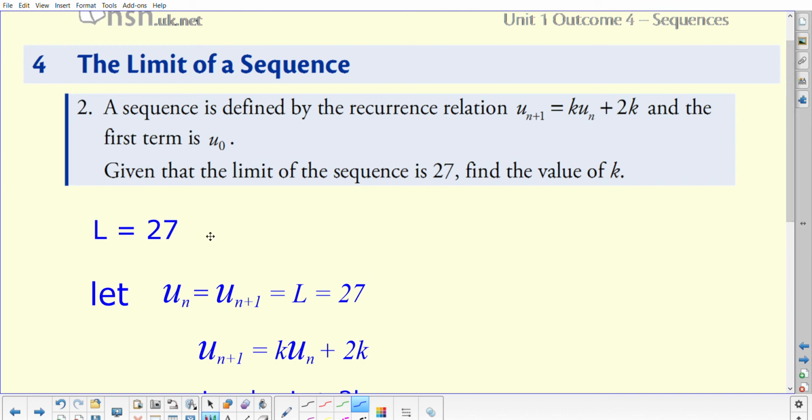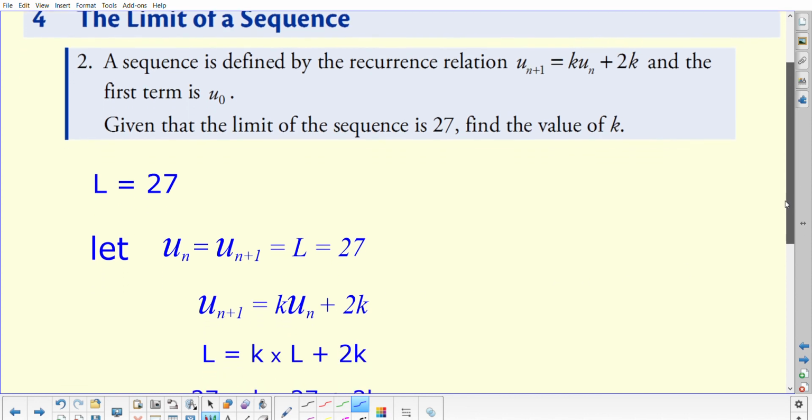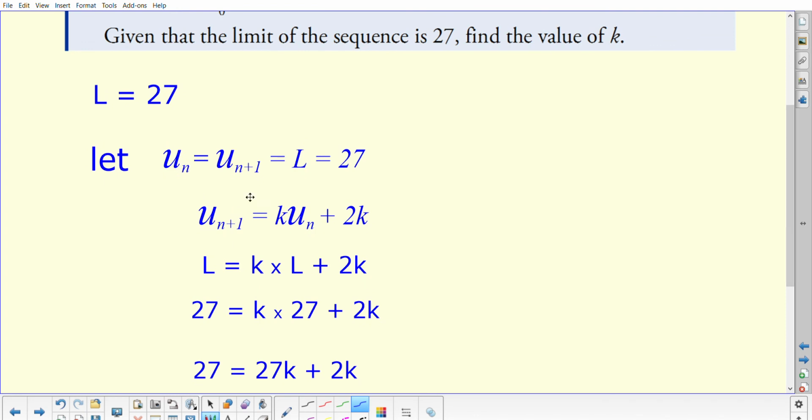Because we know the limit value is 27, remember what that means. It means our U n and U n plus 1 terms are going to be equal to that limit value, which is 27. So in your sequence, you can replace the U n plus 1 with 27, and you can replace the U n with 27 as well.